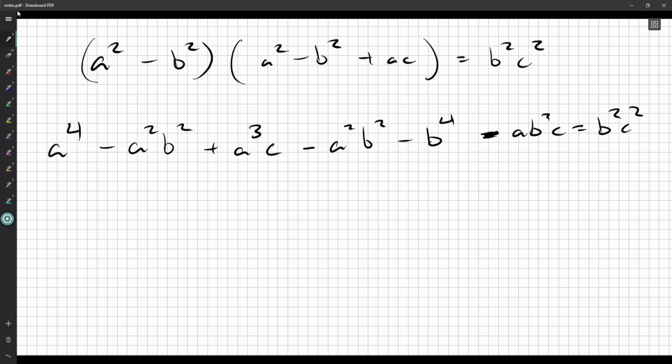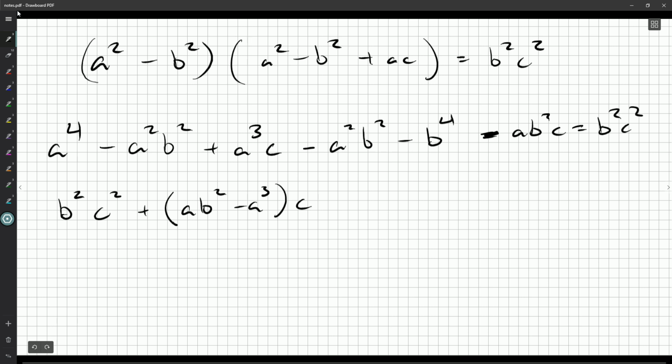I don't like working with these quartics for A and B. But C doesn't have that problem. C is just quadratic. So I wonder if we bring everything over to the other side. I'm going to say, okay, plus ab squared minus a cubed c. So those two have been brought over to the other side.